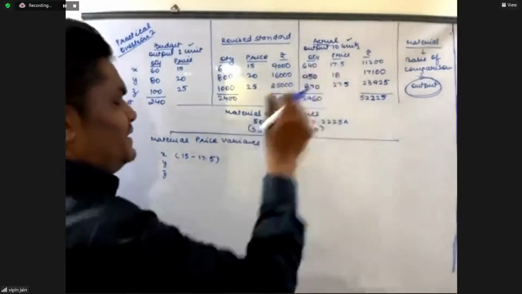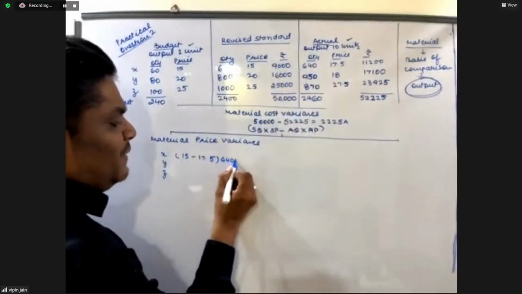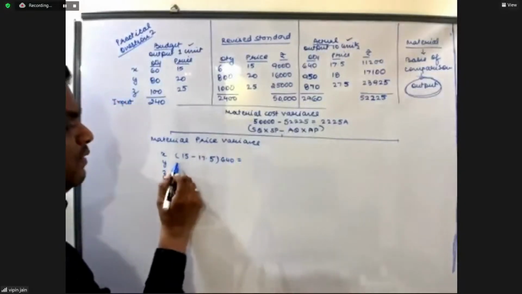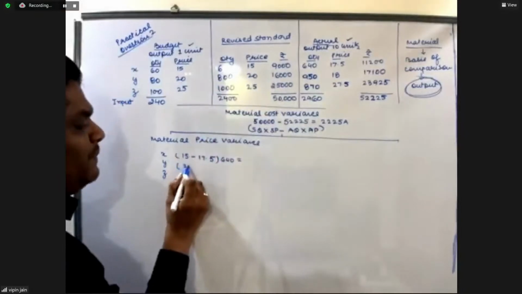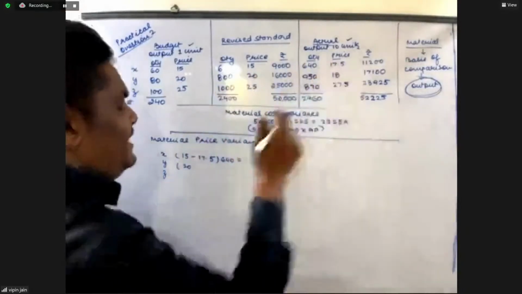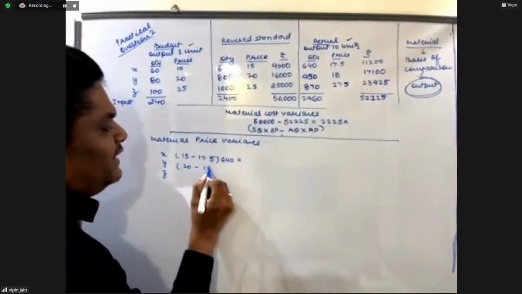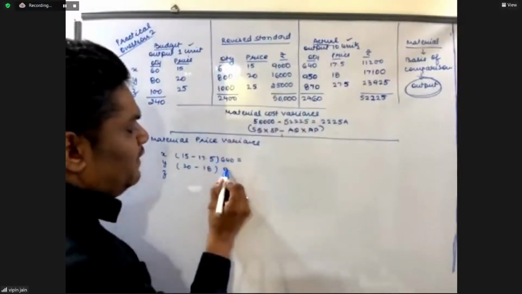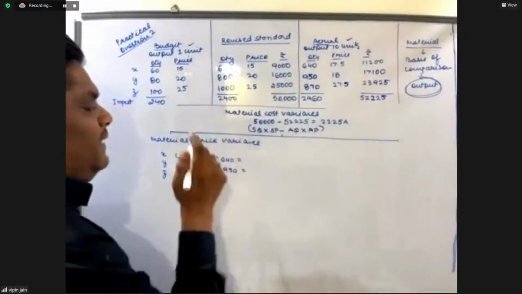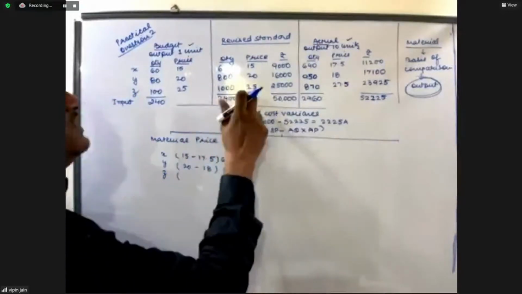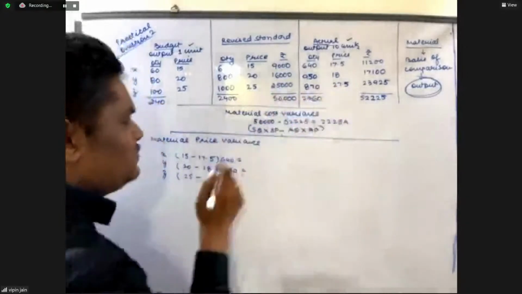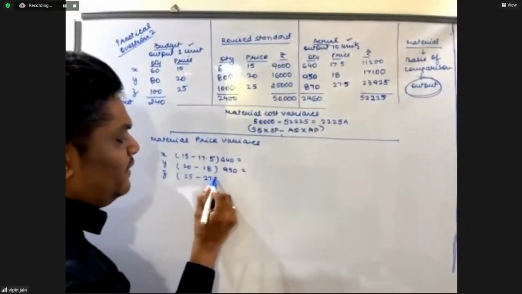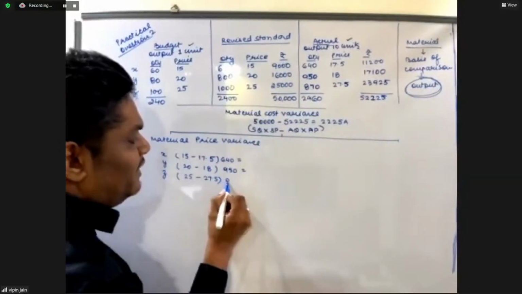Again, this much is the quantity that is actually purchased by the purchase manager. Similarly, in the second case, at what price should Y be purchased? 20. At what price is Y actually purchased? 18 into 950. Similarly, in the third case, at what price should X be purchased? 25. At what price was X actually purchased? 27.5 into 870.